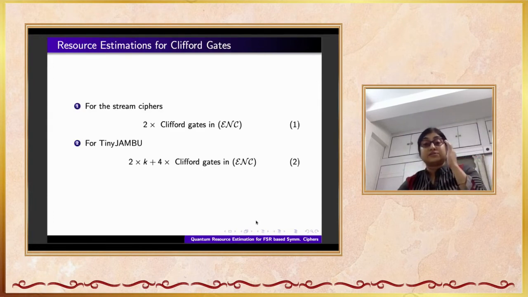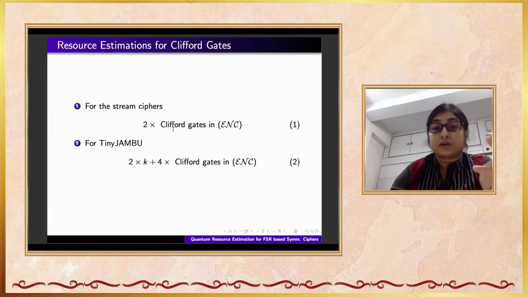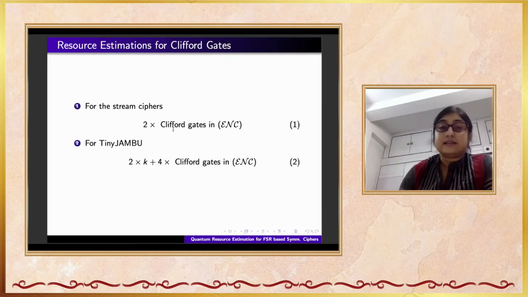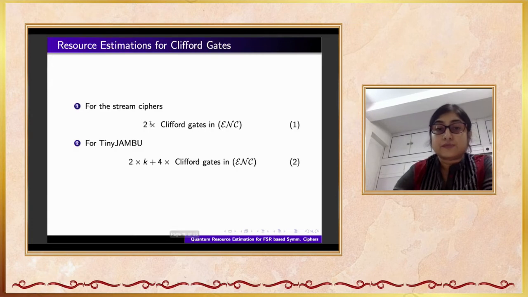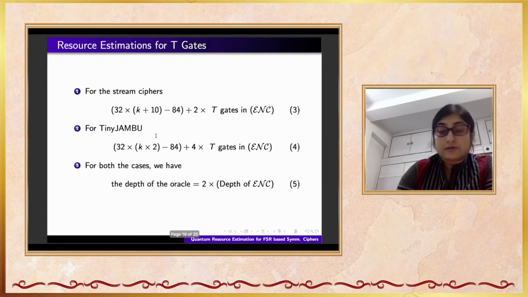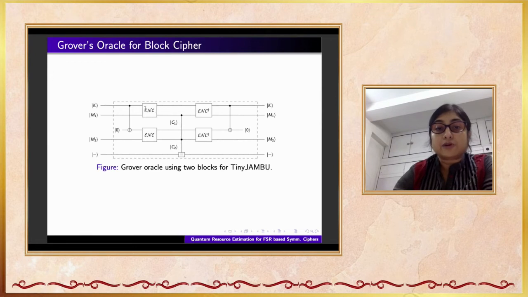Now, how do we estimate the resources? In terms of Clifford gates, if we want to count the number of Clifford gates in the circuit, then for the stream cipher it will be 2 times the Clifford gates present in ENC. Why? Because in the circuit for the stream cipher, we use only two blocks, ENC and ENC dagger, and that is why this 2 comes. For the block cipher, we are using 4 blocks: ENC and ENC dagger for the first Grover, and ENC and ENC dagger for the second Grover.